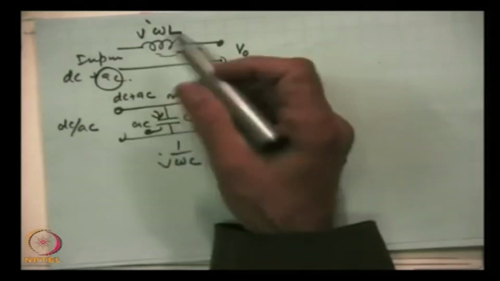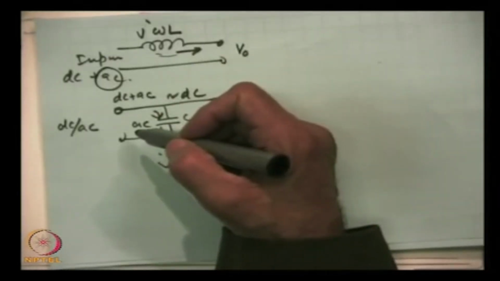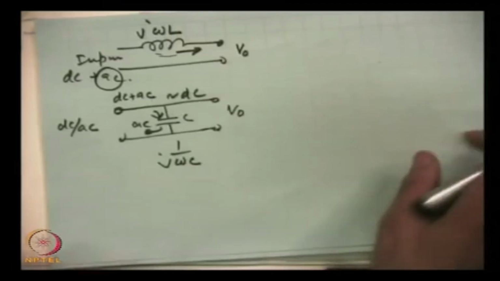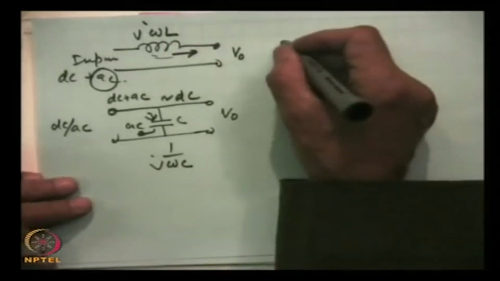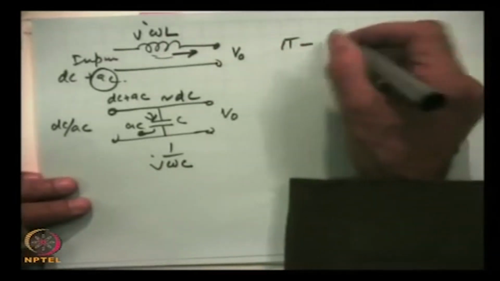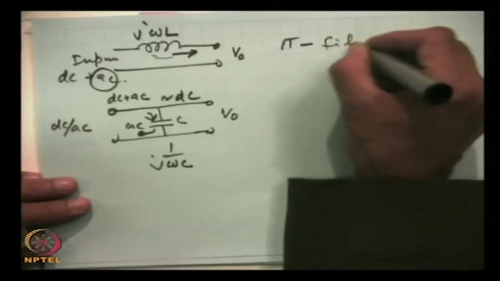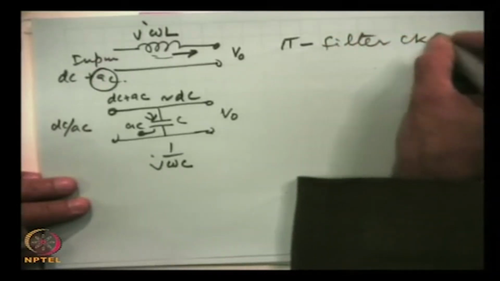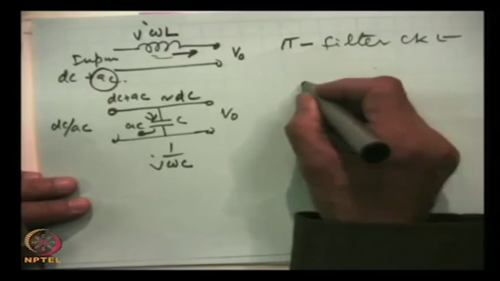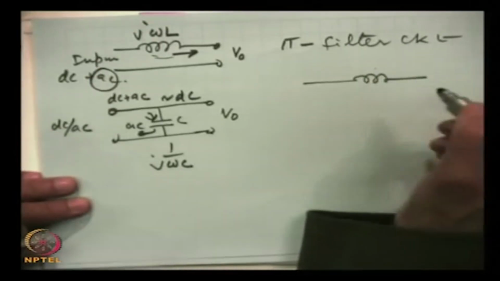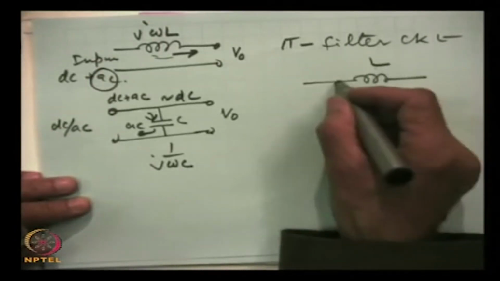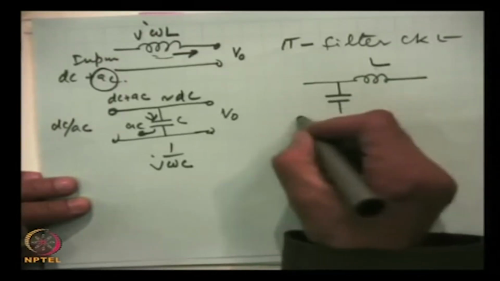When these two are combined, that is the best filter, which is known as the pi filter, which is like this. It makes use of one inductor and two capacitors.